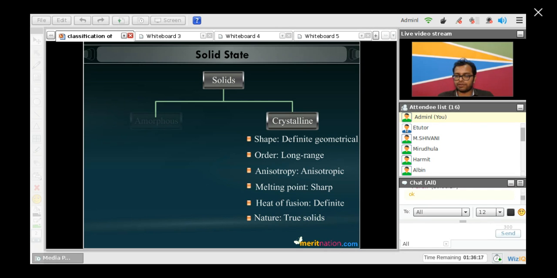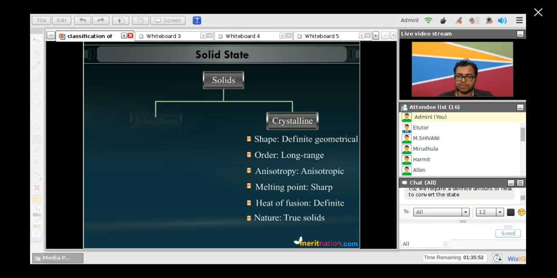I've just told you. Heat of fusion depends on the kind of bond which exists inside the molecule. In a crystalline solid, there are similar kinds of bonds. So that's why the heat of fusion has a definite value in a crystalline solid.